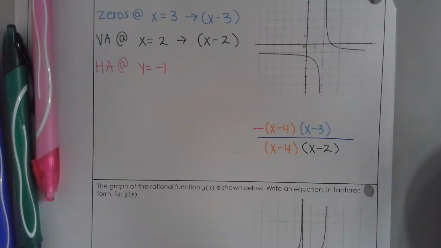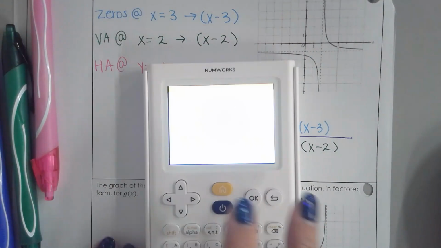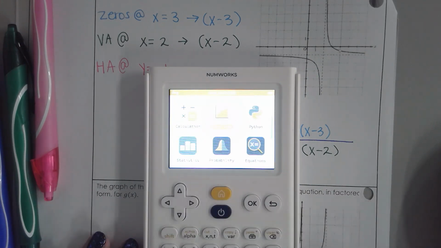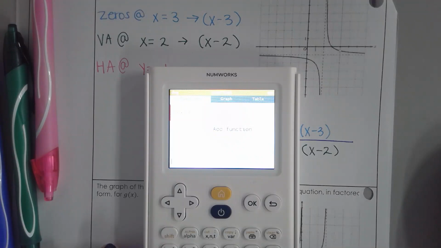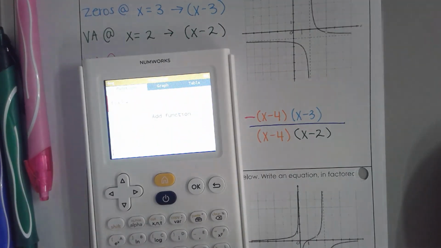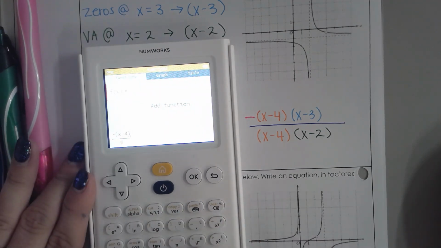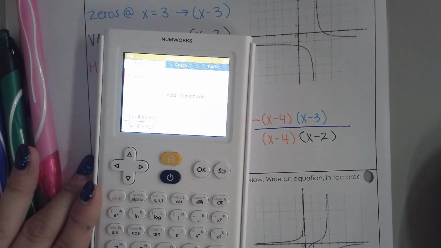Okay. Let me look at this NumWorks calculator. Let's go to functions. Add functions. Negative, I've not done a lot with this one. X minus 4, X minus 3 over X minus 4, X minus 2. And you can't really see that, can you?